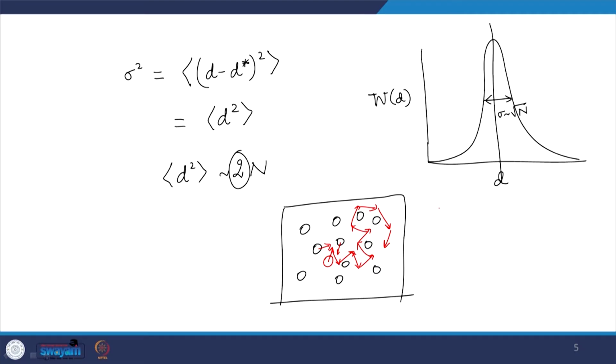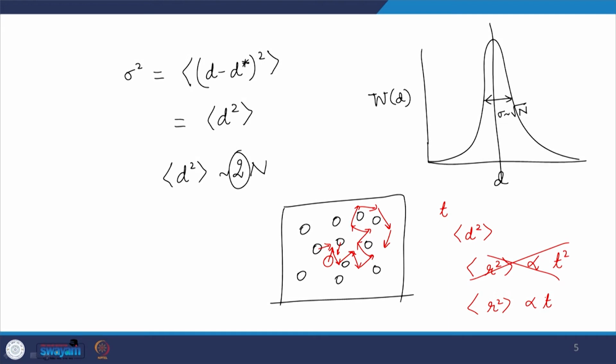And what is special about diffusion process is that at any given time t, the mean square displacement, or typically it is called r square, does not go like t square, but it goes like t. And why should it go like t square?